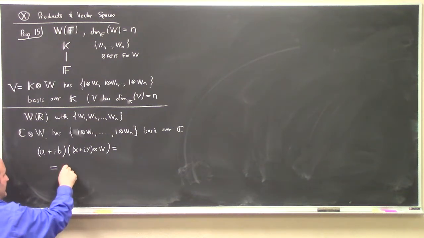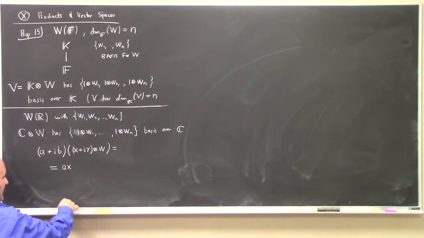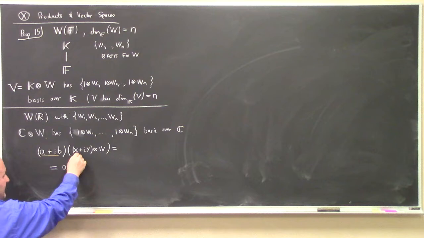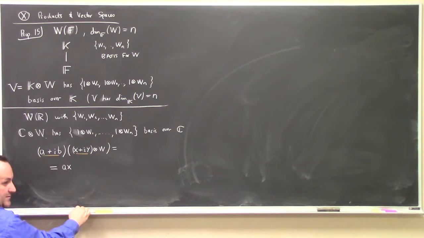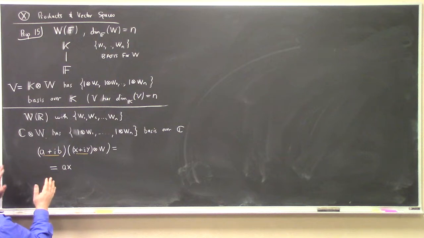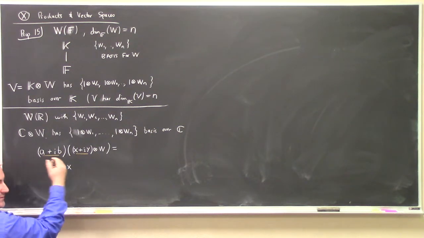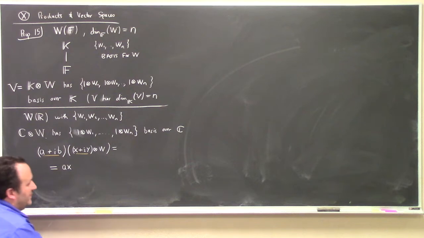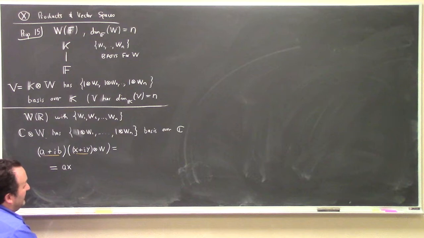The way it works is, I multiply this times that, just regular complex number multiplication. Remember the tensor has that property: you can bring the scalar either into the first or into the second. We can't do the second here though, because the second's a real vector space, and I don't have a way of multiplying a complex number by a real vector directly.